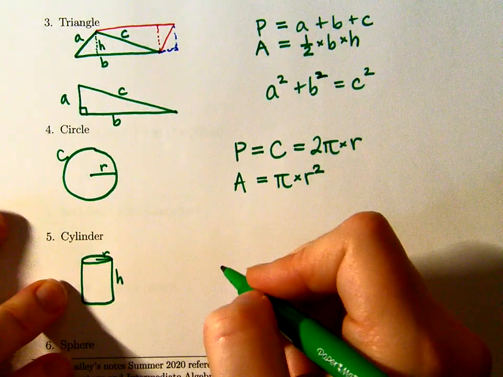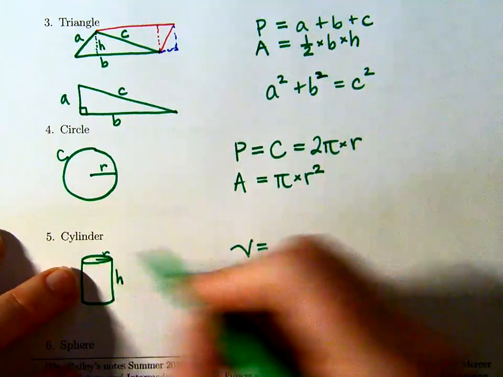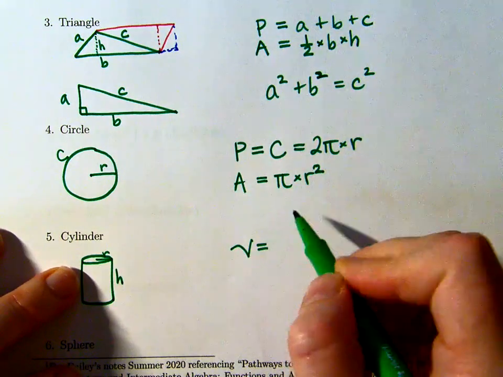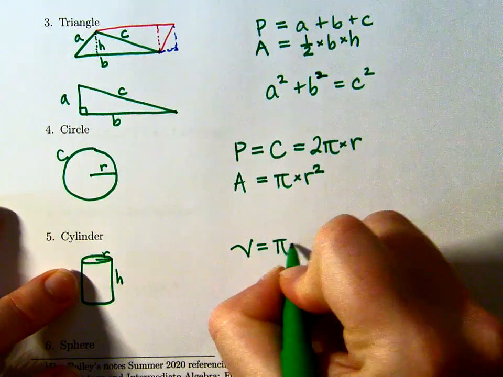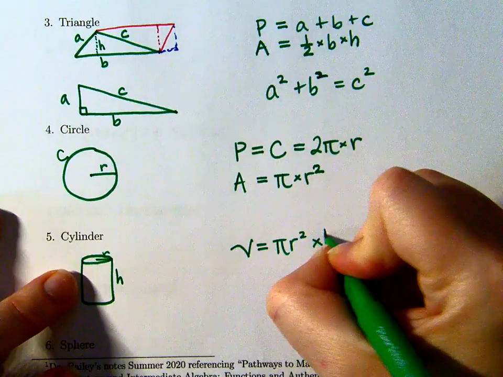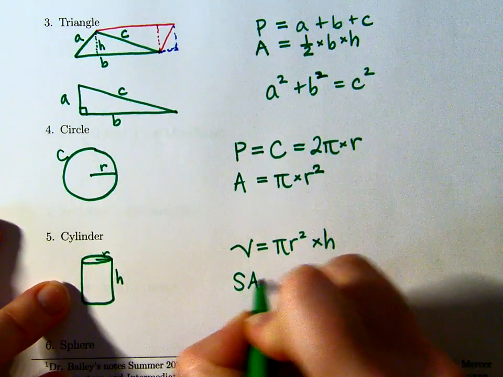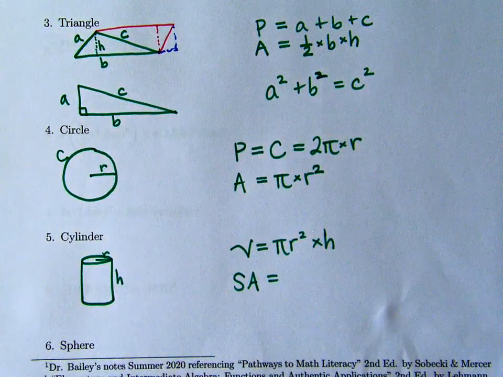A couple of formulas for it: the volume is h stacked circles, all of area pi r squared. So the volume is pi r squared times h, because there's h of them. And the surface area is, let's see, okay.